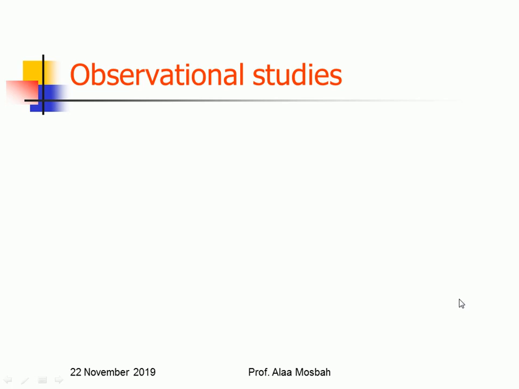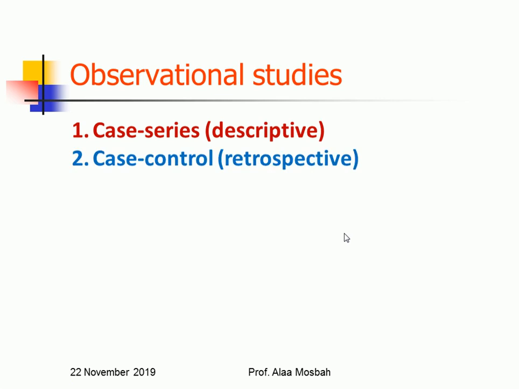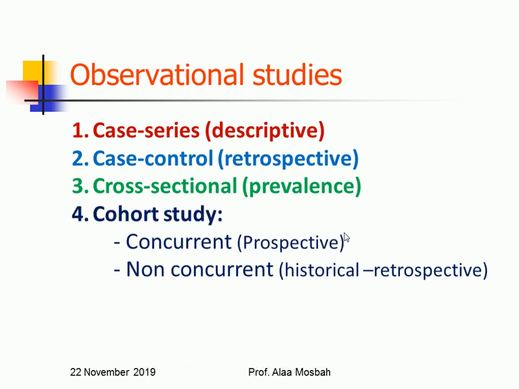Okay, let us start with observational studies. Case series, case control, cross-sectional, cohort study, which can be divided into concurrent and non-concurrent. Concurrent, prospective study. Non-concurrent, another name, historical. And some people wanted to mention retrospective, but there is controversy about this name.